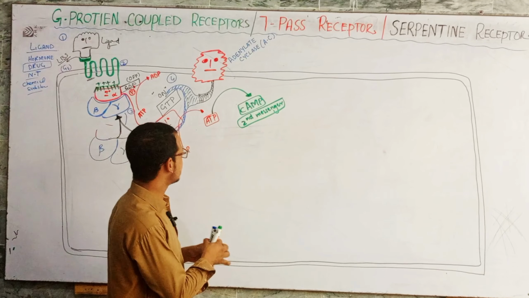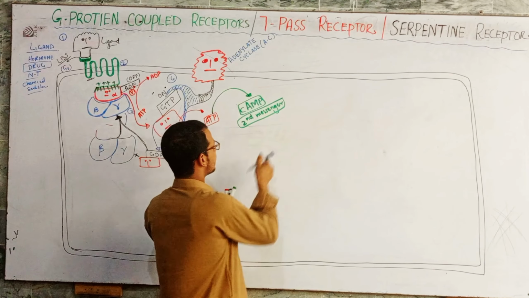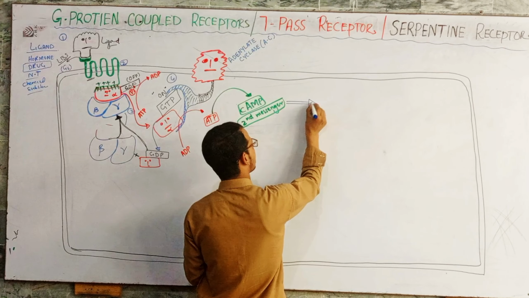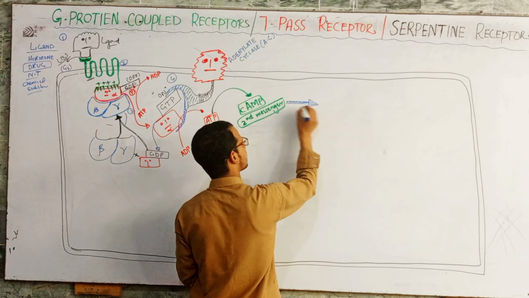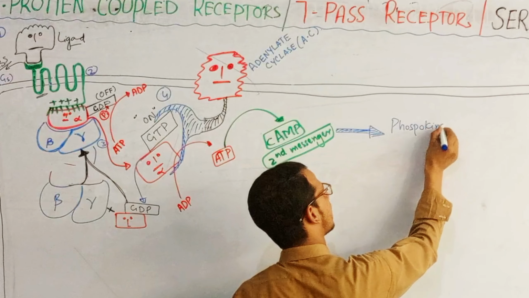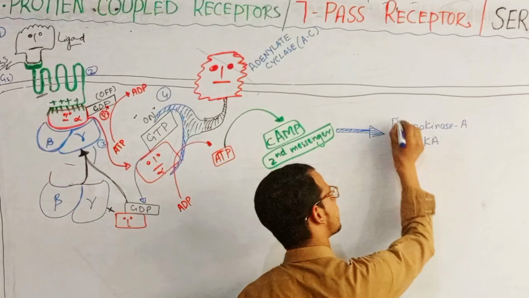How? This cAMP is responsible for activation of a very special protein called phosphokinase A, shortly abbreviated as PKA.